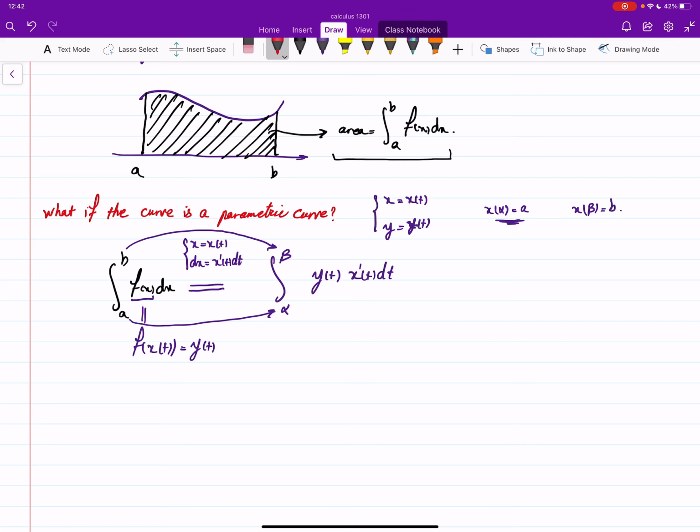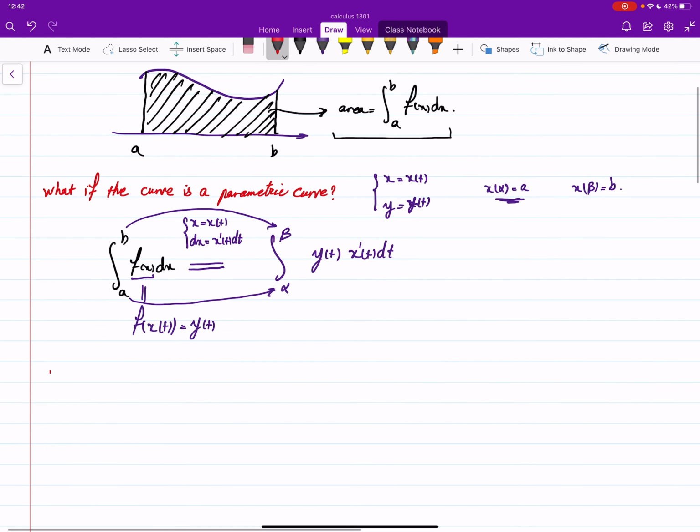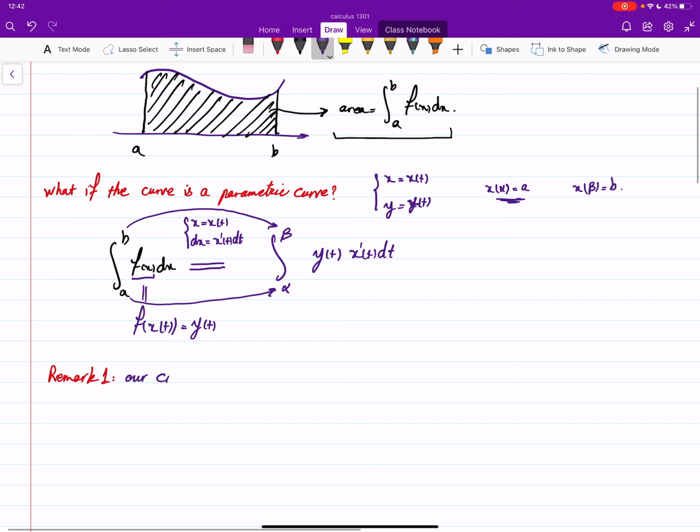There are only two things that you have to note here. Remark one: unlike the graph of a function, parametric curves may self-intersect. So our curve must be a non-self-intersecting curve.